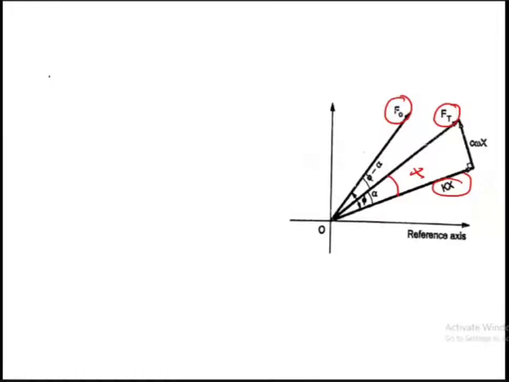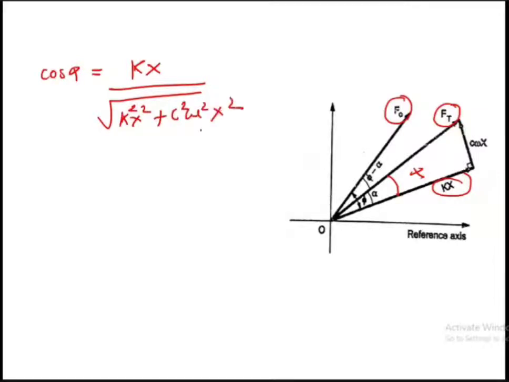So from this what can I get? Cos alpha is equal to what? Cos alpha is adjacent side upon hypotenuse. So what is the adjacent side? Let us say k x. And what is the hypotenuse? It will be the square root of k square x square plus c square omega square x square. Okay, so this x will get cancelled.